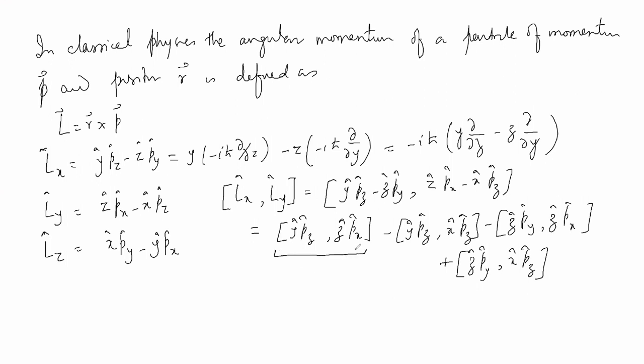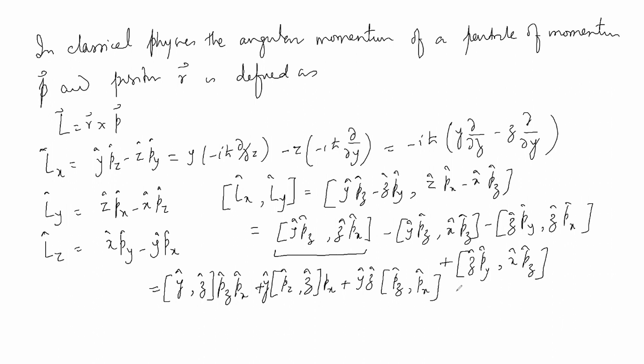And then for each term here, we rewrite it as commutators, like Y comma Z, pz px, plus py, pz, Z, px, and so on.